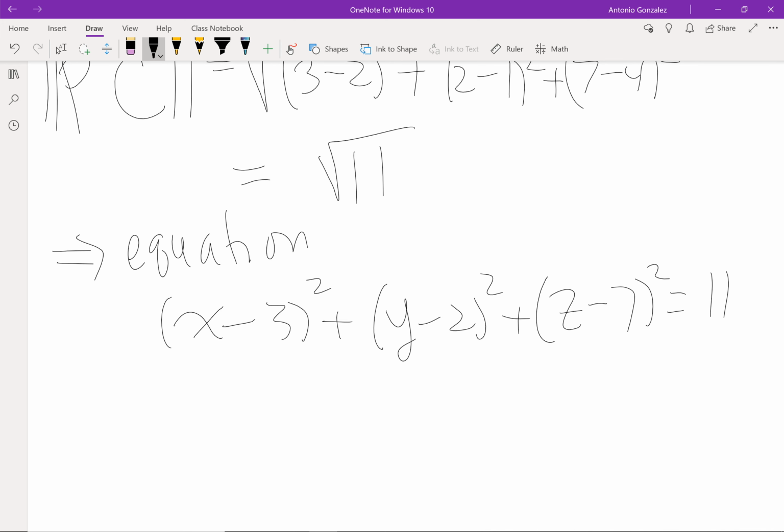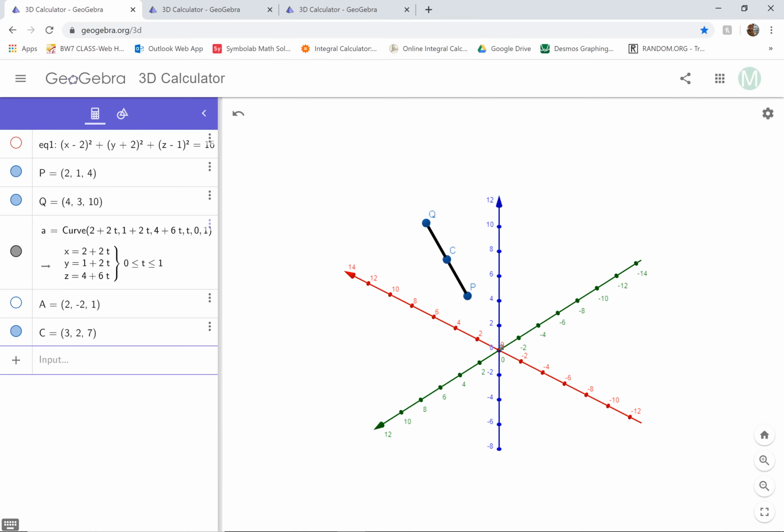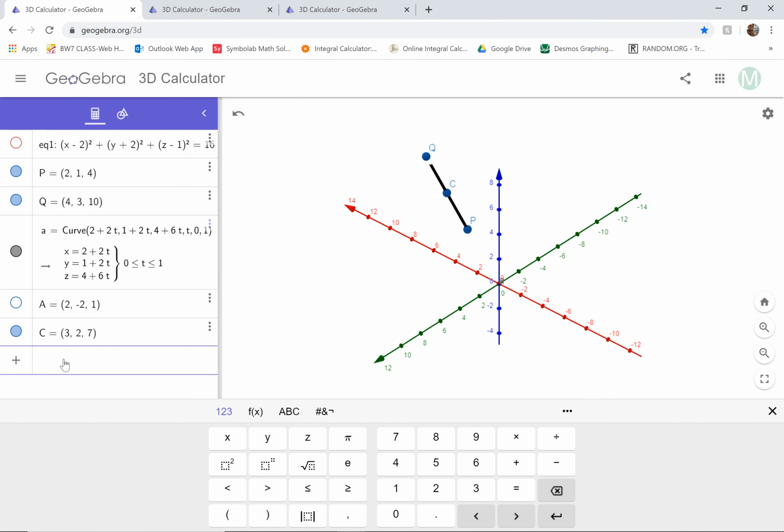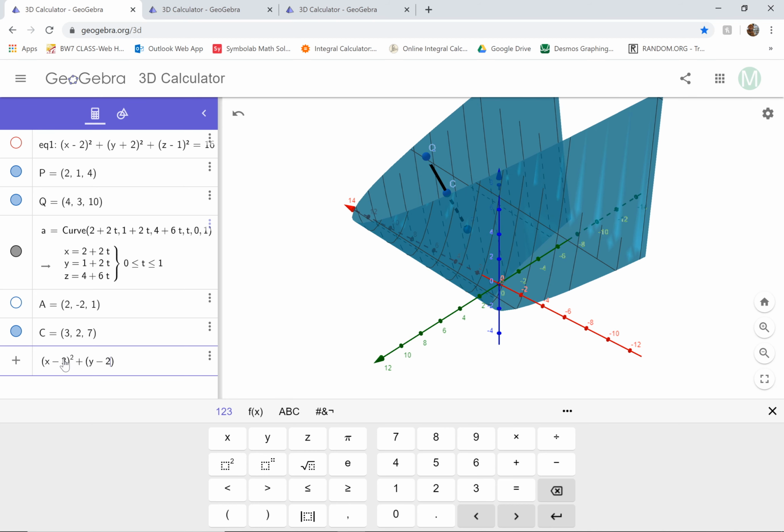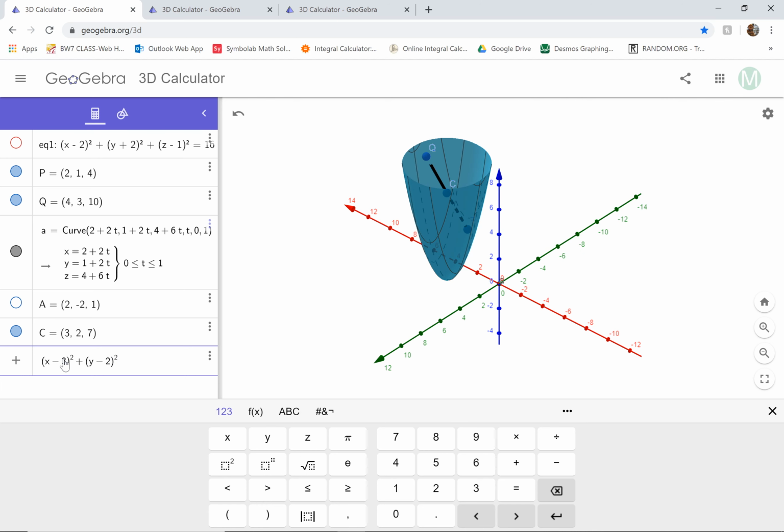All right, and let's confirm that we have that correct. Let's just type that in here. (x minus 3) squared plus (y minus 2) squared plus (z minus 7) squared equals 11.